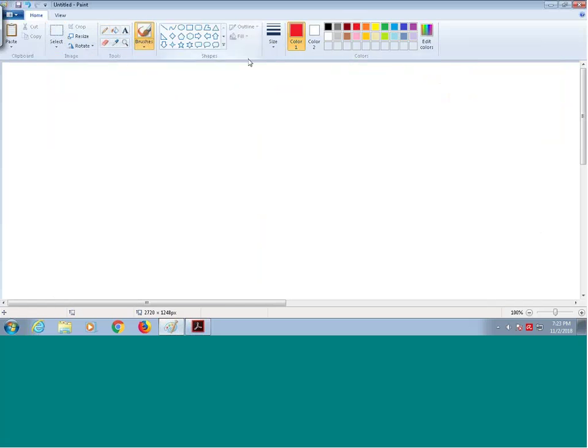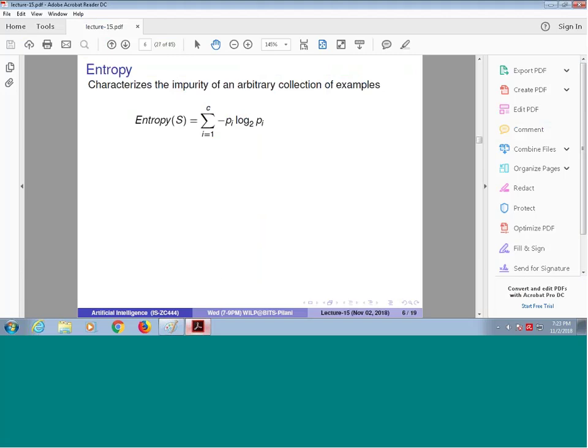Okay, what are the classes? The class is yes and the class is no, two classes. For this you have to find out this particular value, minus p_i log base 2 of p_i.